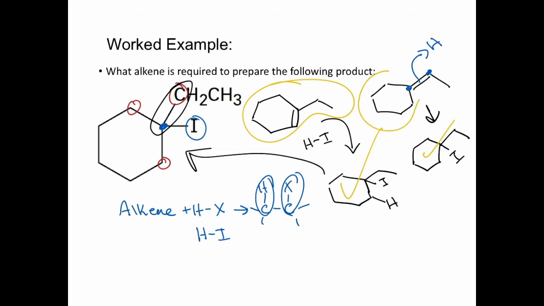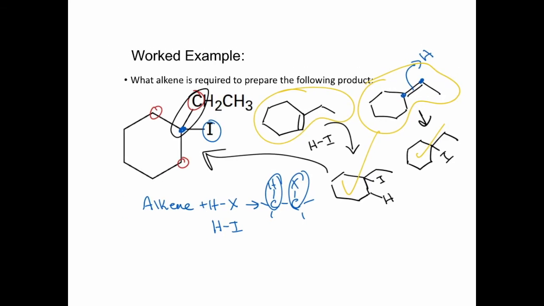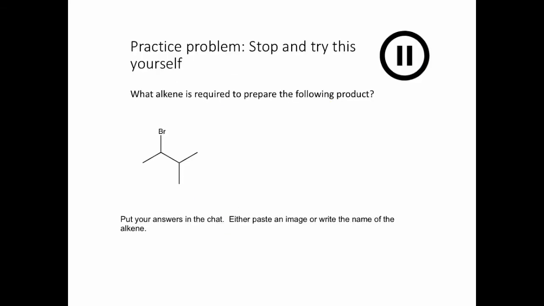So what does this tell me? It tells me that either alkene, when reacted with HI, would give me the product that you see here. So sometimes I give you a reactant and then I ask you to draw the product, but I could also give you the product and have you figure out what was the starting material, and it's like a complex puzzle for you to solve. So why don't you try this yourself?